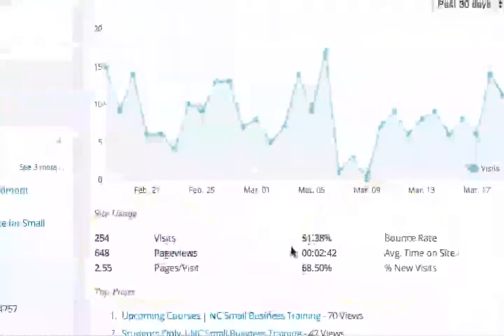But on the other side of the shop with the family dentistry, we were having 90% bounce rates. And what we finally realized was that people were coming to the website and seeing this as sort of a boutique dentistry instead of a family dentistry.